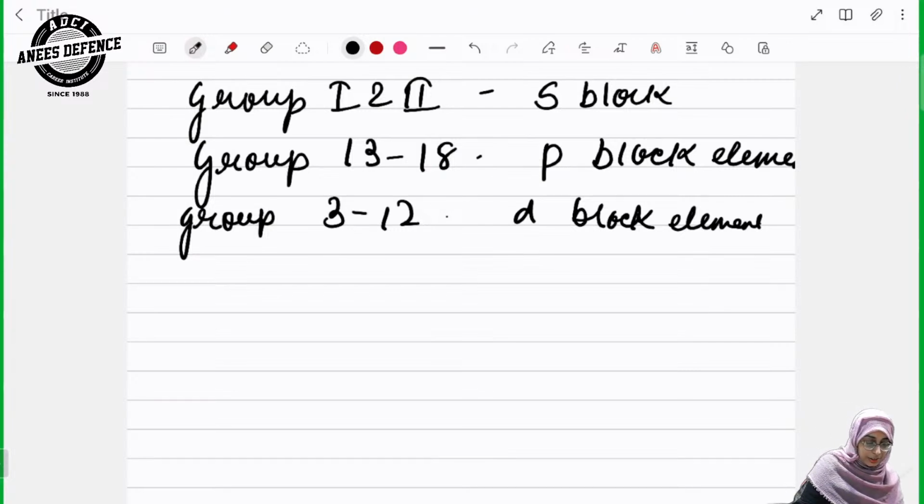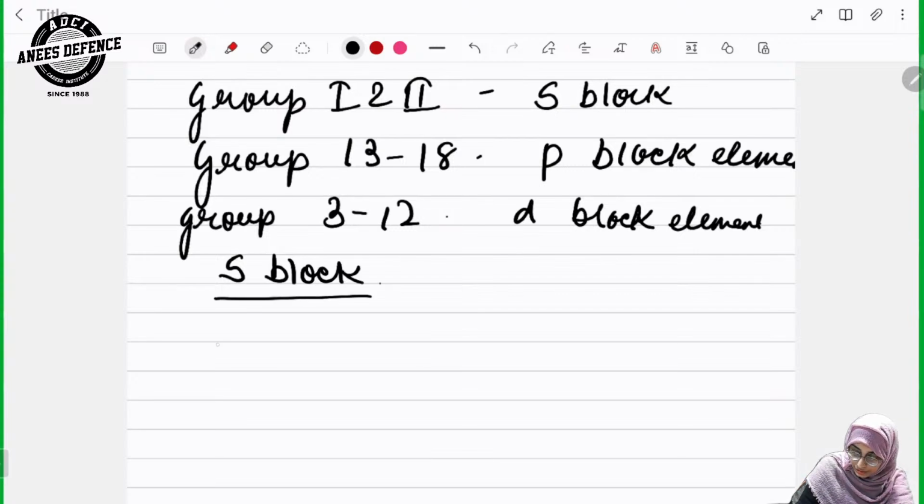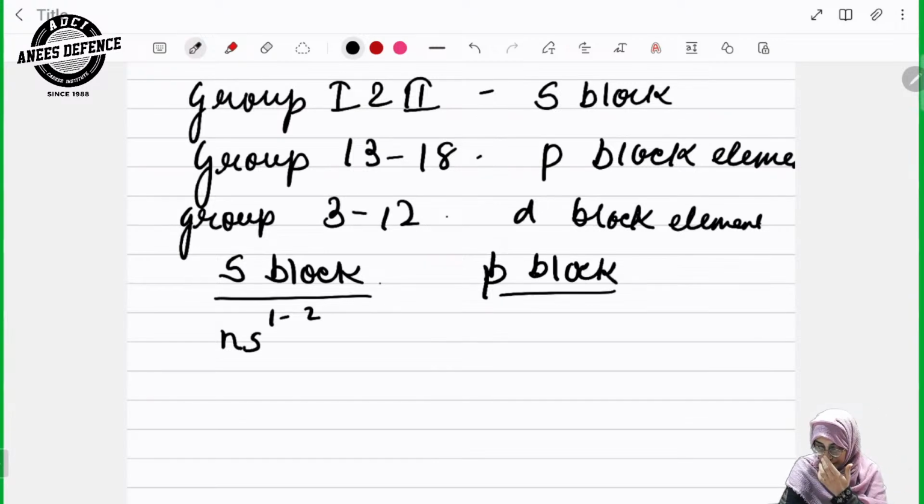Okay. What is the general configuration for S block elements? It is ns1 to 2. Okay. General configuration for P block elements is ns2 np1 to 6.